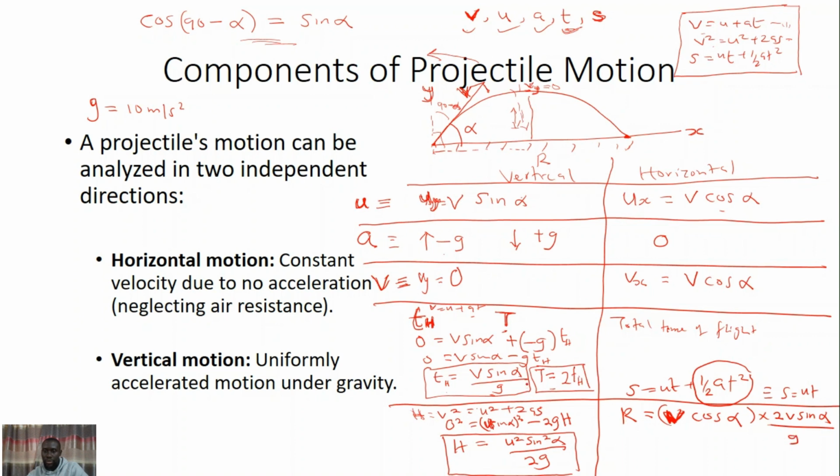You wonder where it comes from? It comes from this. We said the total time of flight is 2 times the time to reach the maximum height, and the time to reach the maximum height is equal to this, so I just put 2 here.